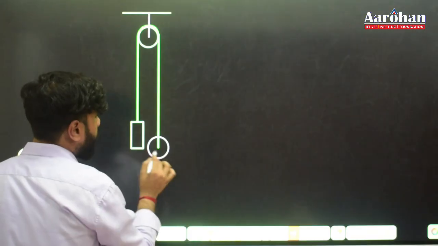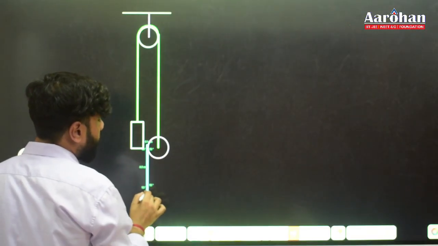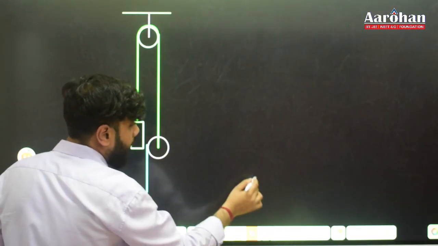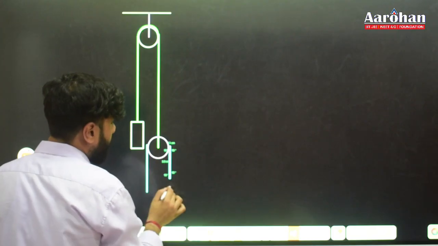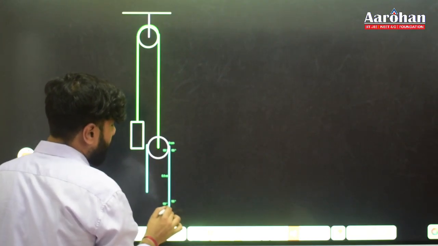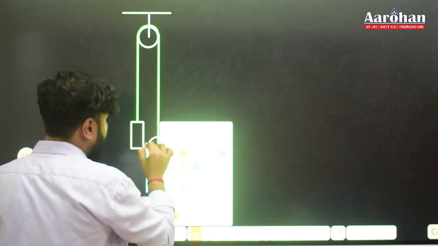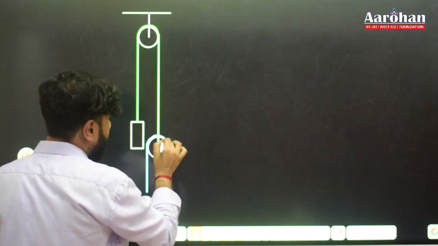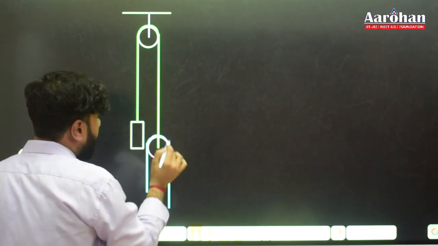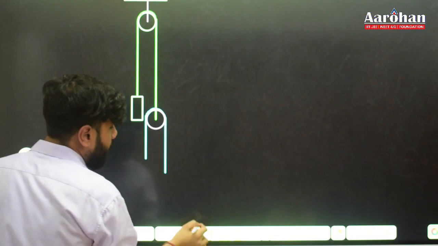You might think, sir, you are giving us a movable pulley. Don't worry, I will solve that question also if you are not able to solve it. But if you are able to solve it, then it means you understood everything.